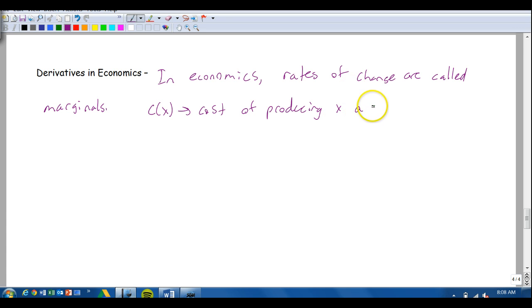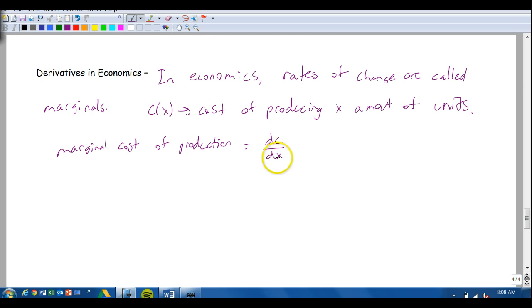So that's saying I'm producing 100 thingamabobs, Snuggies, glasses, whatever, anything you could think of. The marginal cost then of production is equal to the change in that cost with respect to the number of units.